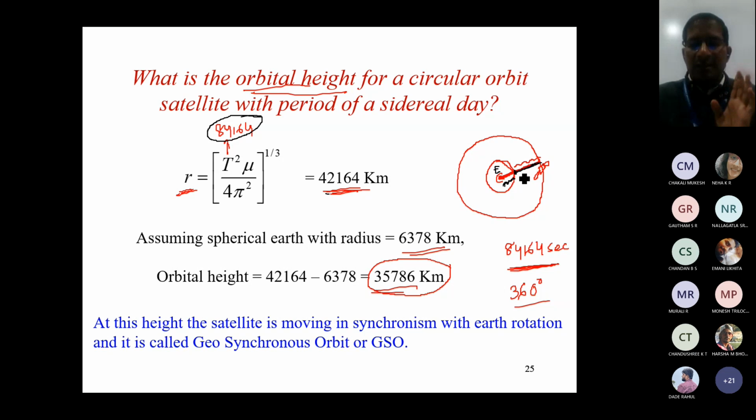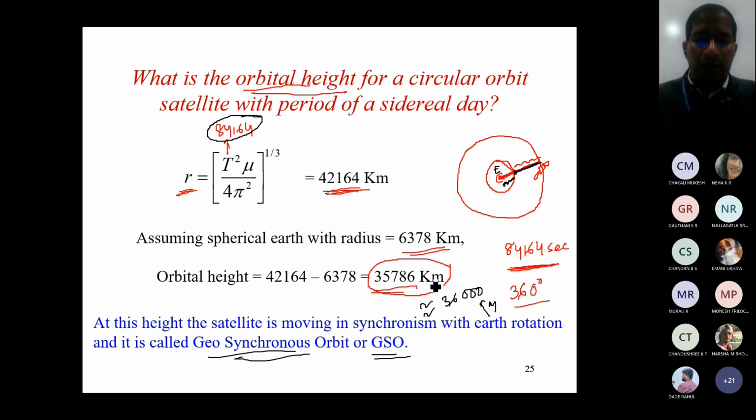These satellites are called geosynchronous satellites, or in short, GSO. At this height, 35,786 kilometers, roughly called 36,000 altitude, the satellite is moving in synchronism with Earth's rotation.